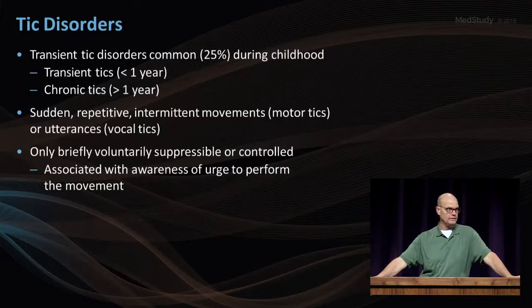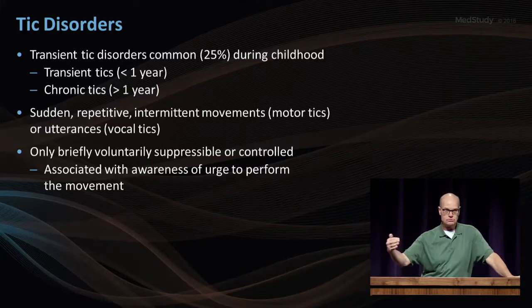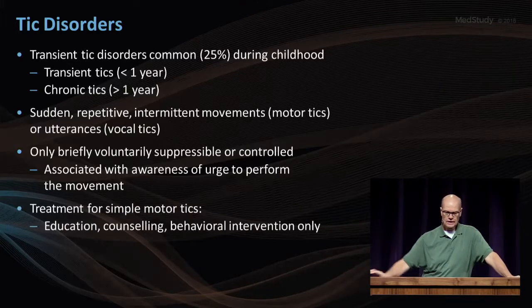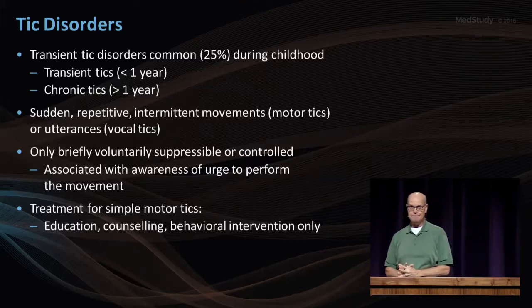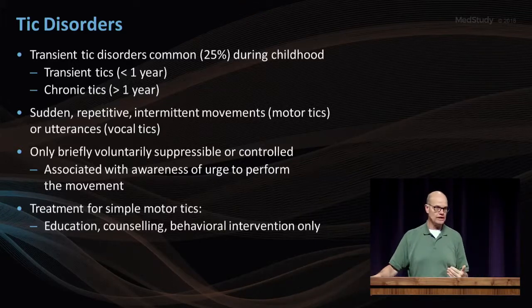That's important. That would be a hint in your vignette about a tic. "Despite his best efforts, he continues to do so and so." Treatment is typically behavioral intervention and not meds, because again, a lot of these are transient and a lot of these are associated with, for example, anxiety.